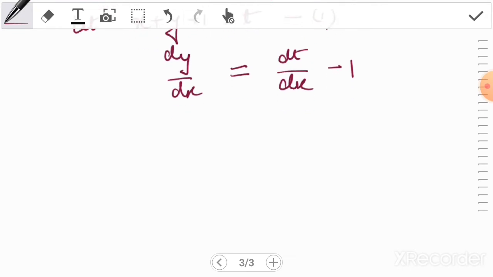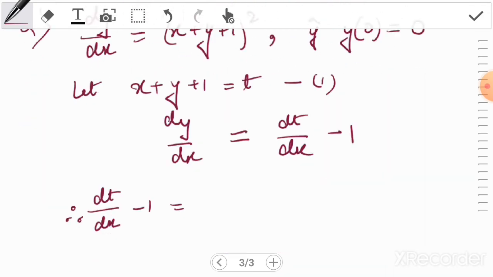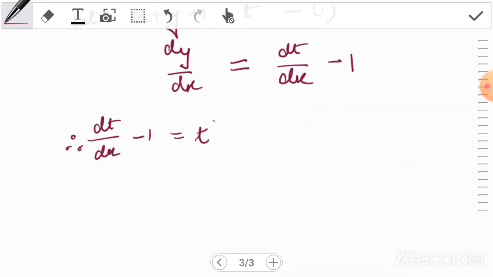So now the given equation becomes dt by dx minus 1 is equal to t square, or dt by dx is equal to 1 plus t square. So now this has been reduced to the variable separable form.